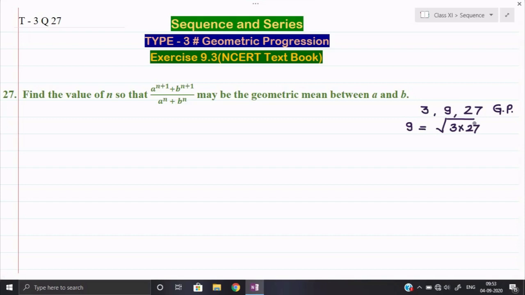So remember, for three numbers forming a GP, the second number is always equal to the square root of the multiplication of the other two numbers. In the same way here, this whole expression, (a^(n+1) + b^(n+1)) / (a^n + b^n), is given as a geometric mean between a and b.